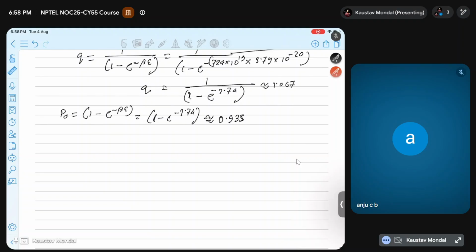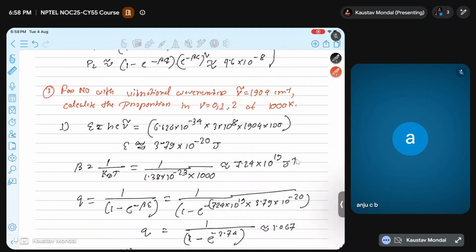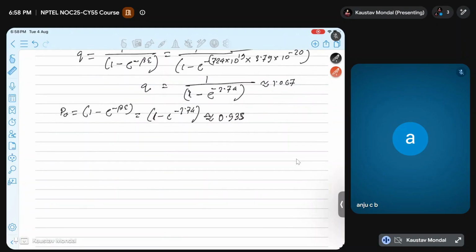This happens because of the high temperature. Here we consider a comparatively higher temperature equal to 1000 Kelvin. Because of that, many particles are also distributed in the higher excited states, which we will also see. So P1 is 1 minus e to the power minus beta e into e to the power minus beta e.